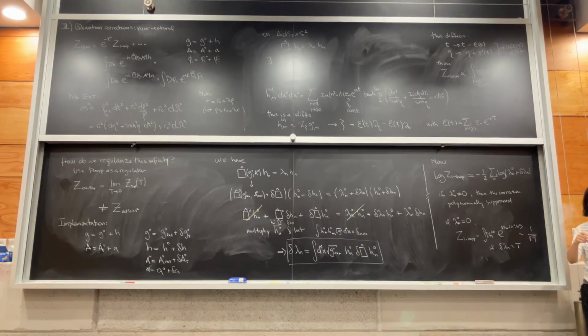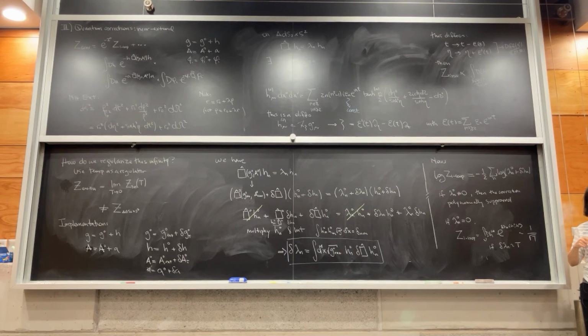Okay? This is the volume of the thermal cycle, or something. The S1. So, what's that? The volume of the S1, because you have temperature, you have a periodic coordinate condition. No. This thing doesn't give you any temperature. This is the integral over the AdS2. No, but because this is beta, right? The 1 over T. The correction to the eigenvalue is proportional to temperature.